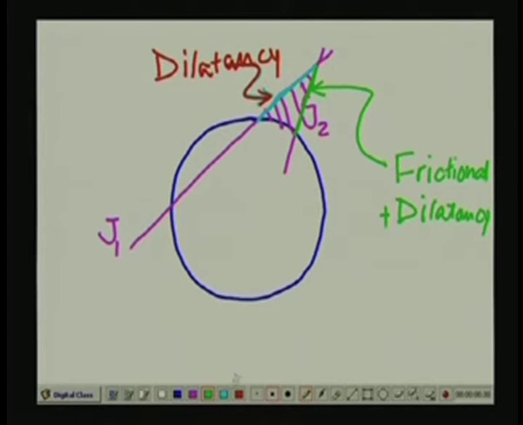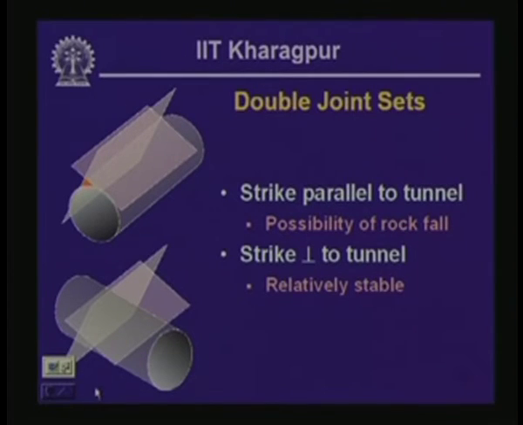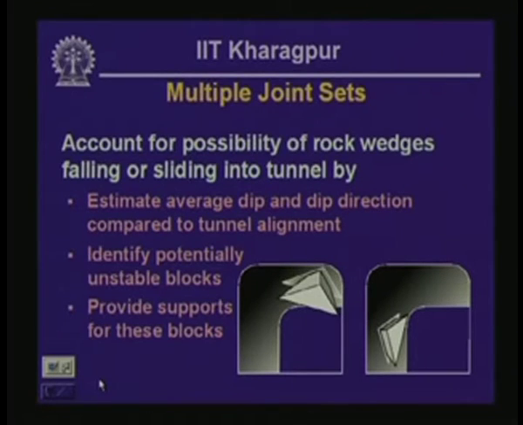These two factors are going to contribute to the stability of the wedge, and it may so happen that the wedge is going to be inherently stable and it is not going to be susceptible to falling over into the opening at all. We are going to consider this one using the problem involving multiple joint sets in this particular slide.